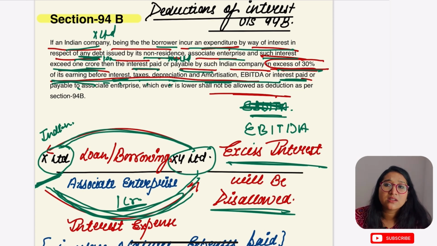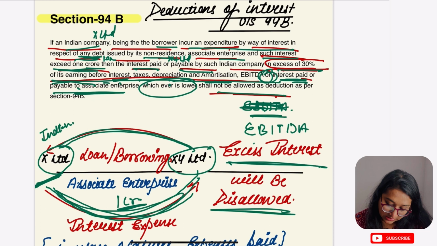But what is this 30% of excess interest here? First of all, they are talking about 30% of EBITDA, earning before interest, tax, depreciation and amortization, or interest paid or payable to the associate enterprise, whichever is lower.